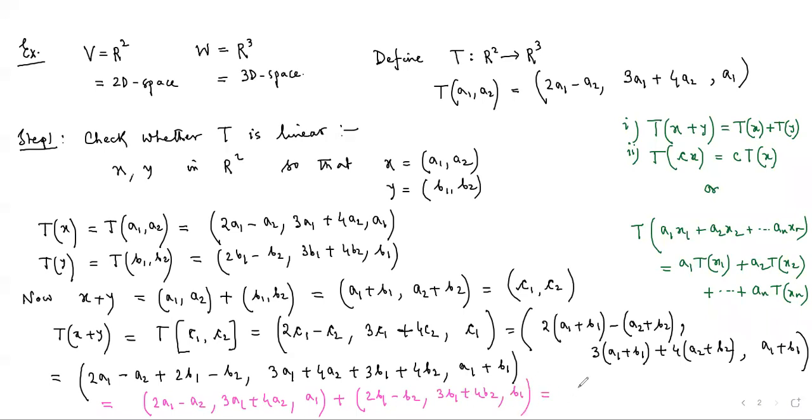The first one is nothing but T of x. Just look at this. The second one is nothing but T of y. Look at that, and we see that the first property is being verified. So the first one is satisfied. Now we are going to see whether T of Cx is equal to C into Tx or not.